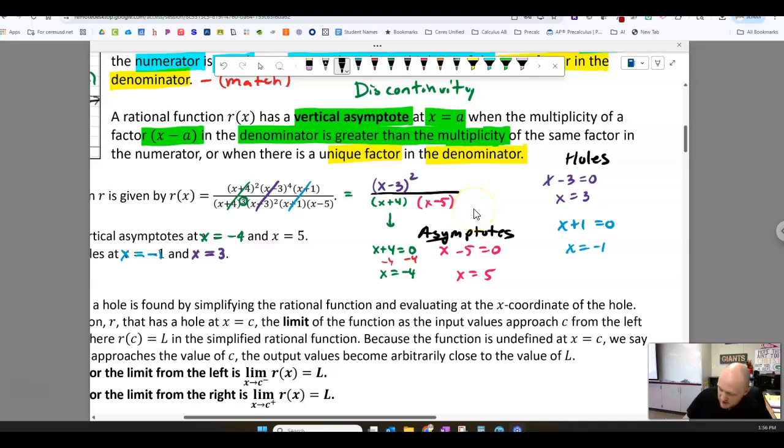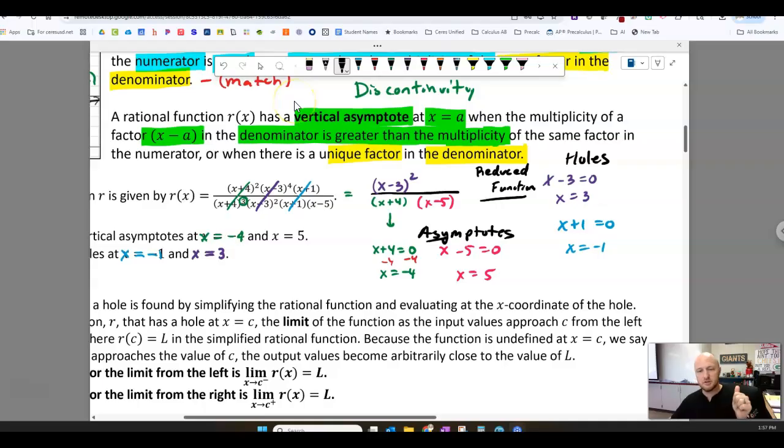This factor right here is your reduced factor. If you ever have to evaluate this function at one of these x values, you'll want to evaluate the reduced function. At this point, you should stop and ask yourself, how do I algebraically determine a hole?